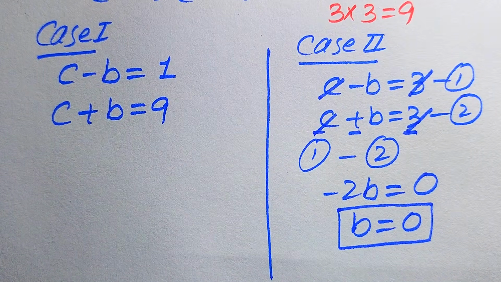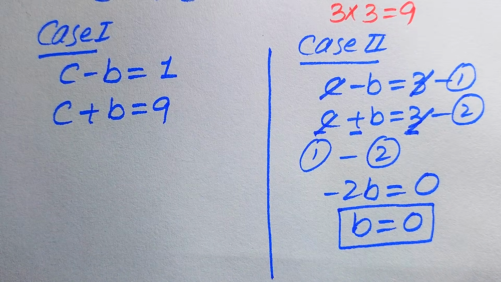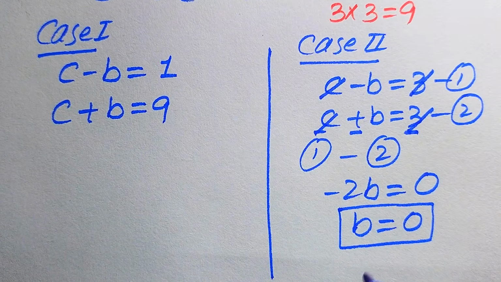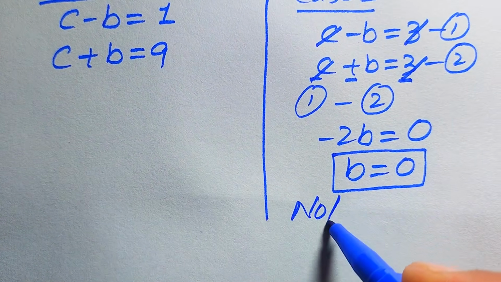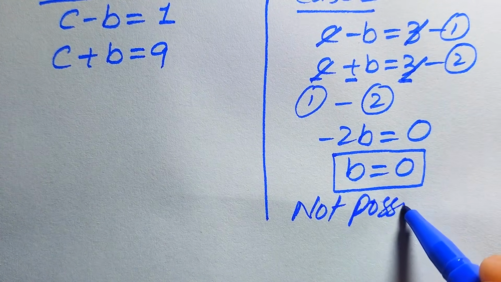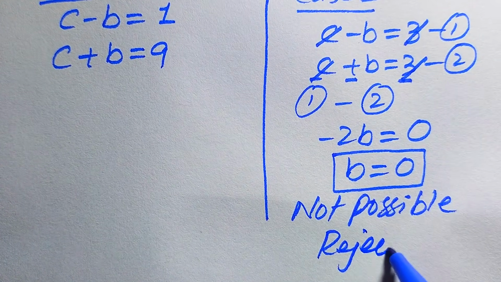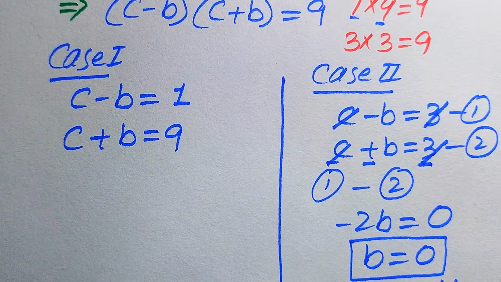In a right triangle all the lengths must be greater than 0. It is not possible that any side length of a triangle is 0. So this is not a possible case if b equals 0. We write that it is not possible, so we reject this case and proceed with the first case only.